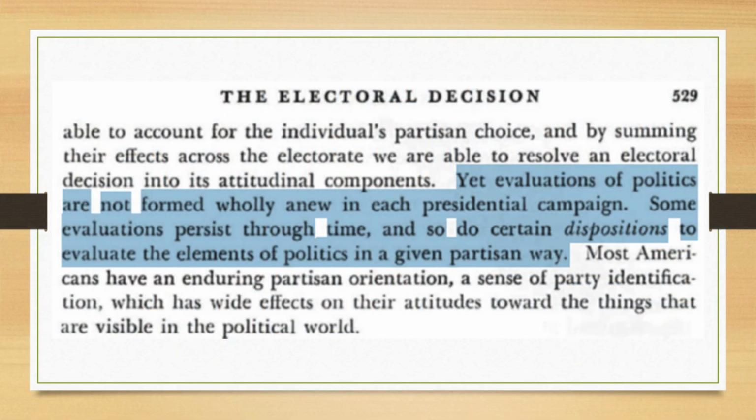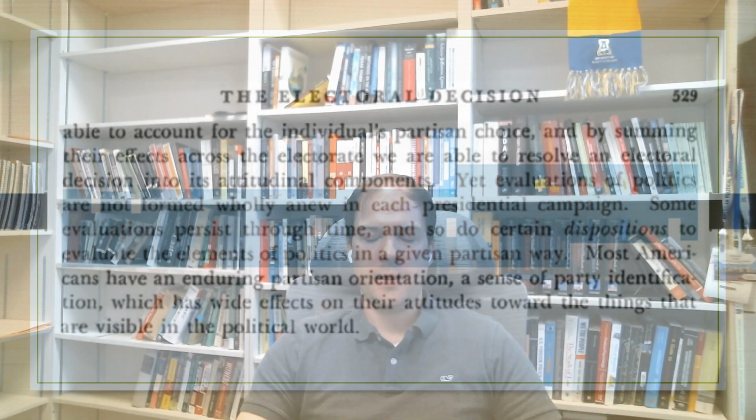Returning again to the quote, "Yet evaluations of politics are not formed wholly anew in each presidential campaign. Some evaluations persist through time, and so do certain dispositions to evaluate the elements of politics in a given partisan way." Fundamentally here, attitudes are sticky.